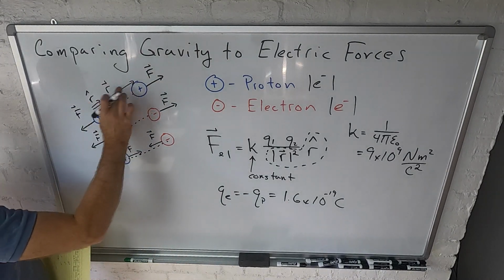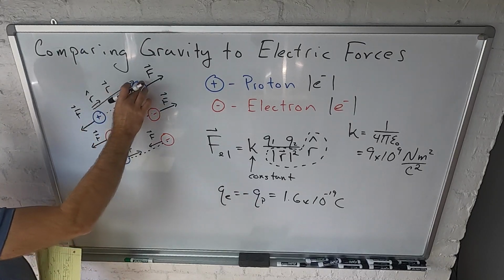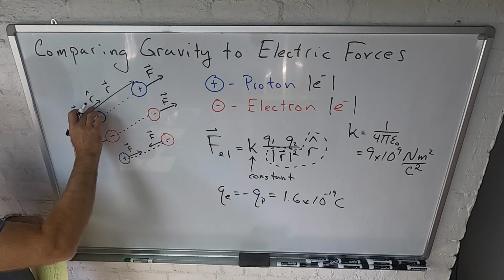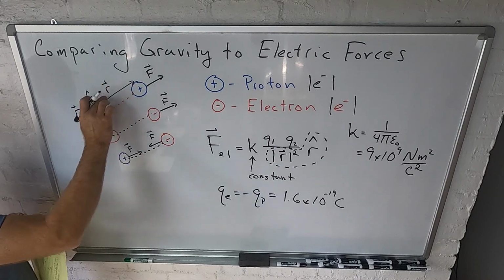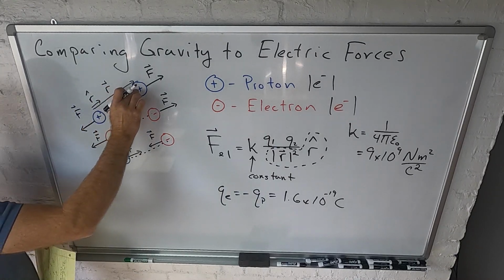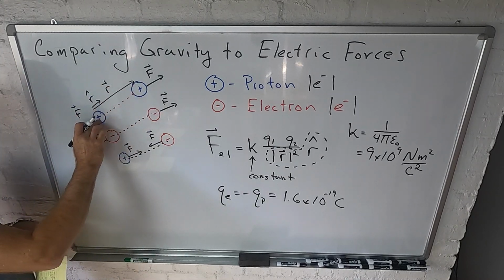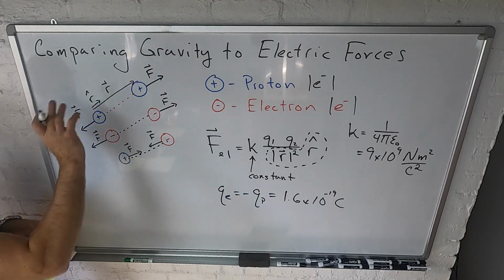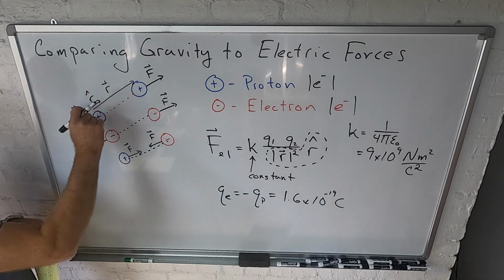And so every time I take into consideration a different charge, I have to take into account the direction of the vector that points from the charge that's acting on the charge I'm interested in. And so I always flip my r vector if I flip my index.